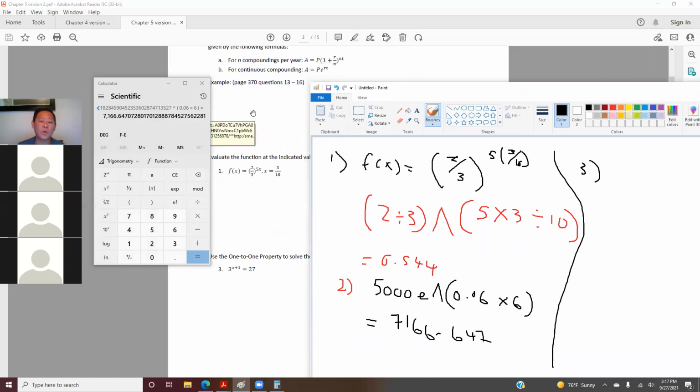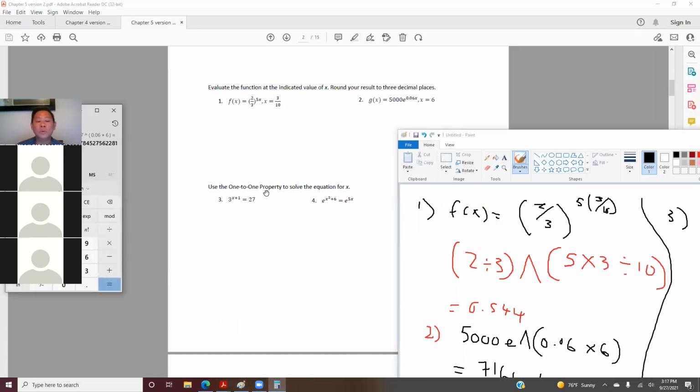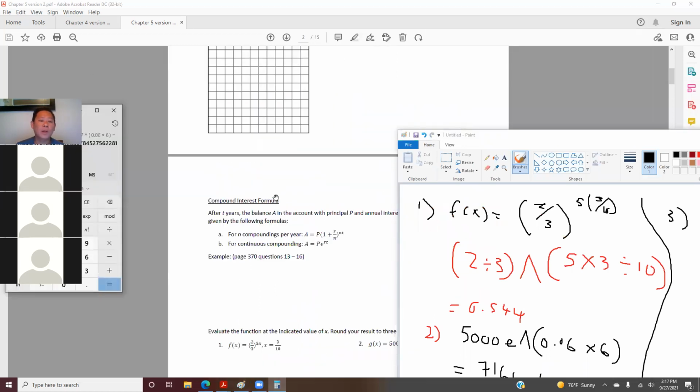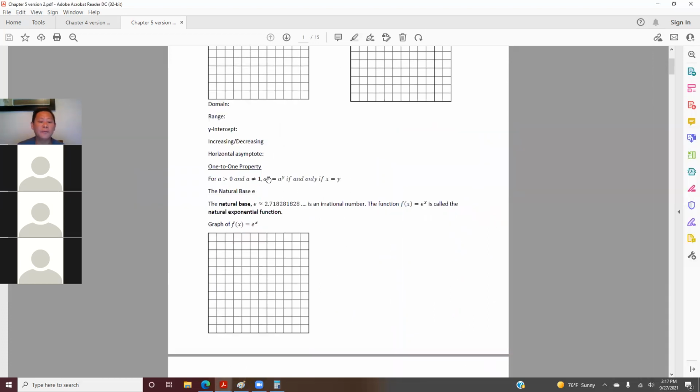Next, to do questions 3, 4, 5, you're solving the equations. You are required to use the one-to-one property. Now, what is the one-to-one property? It says that if you have the same base, then your exponents are the same.